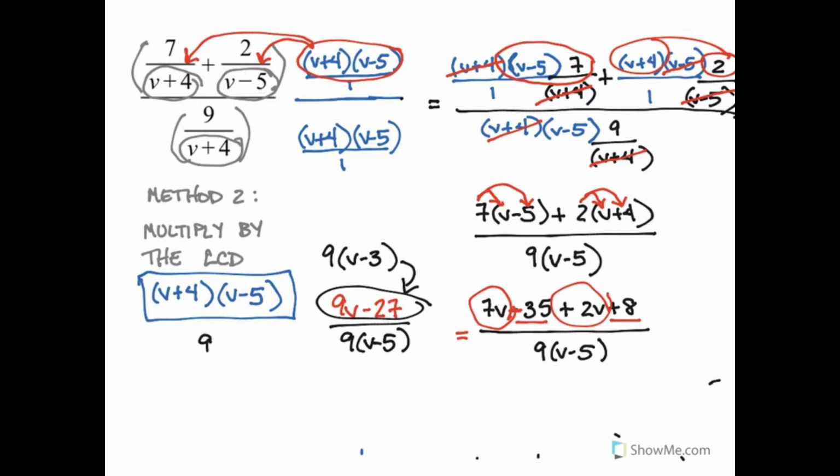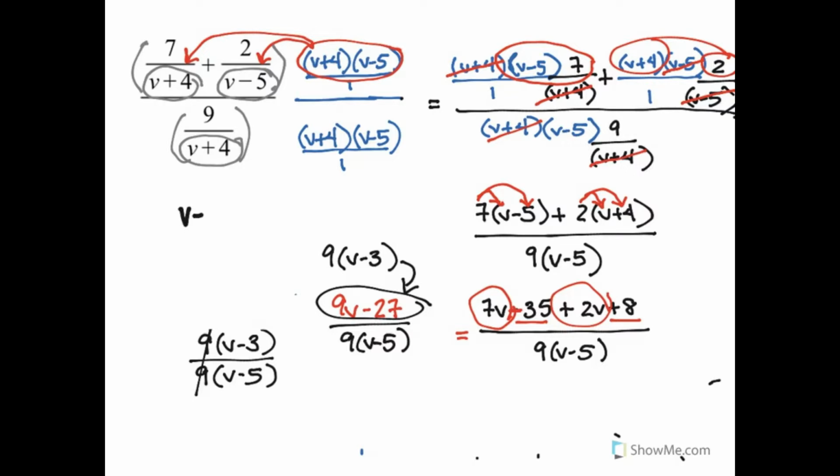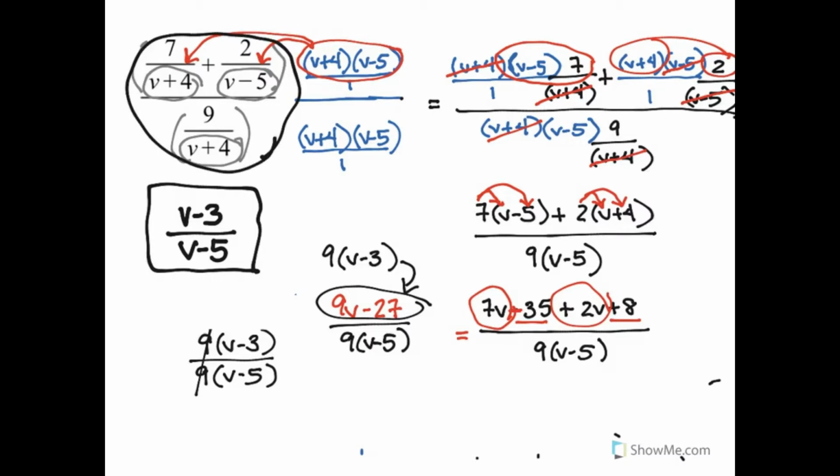And so I have 9 times v minus 3 over 9 times v minus 5, and the 9's cancel. So the final result is v minus 3 over v minus 5. You know you can't cancel those v's. This whole complex fraction simplifies to be this simple expression.